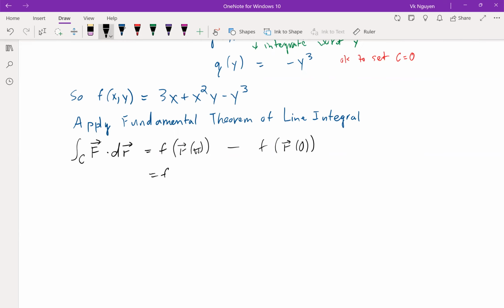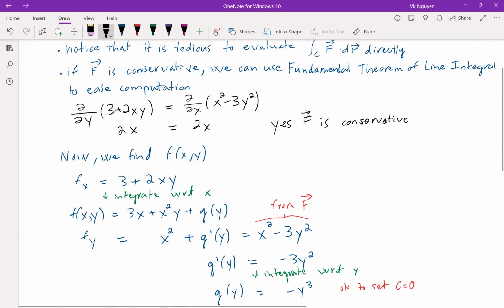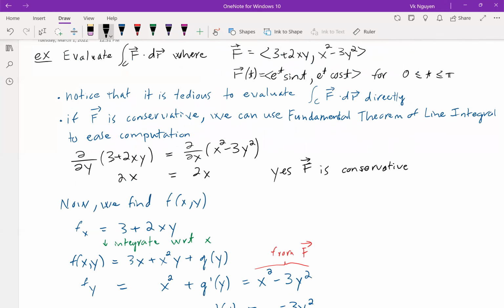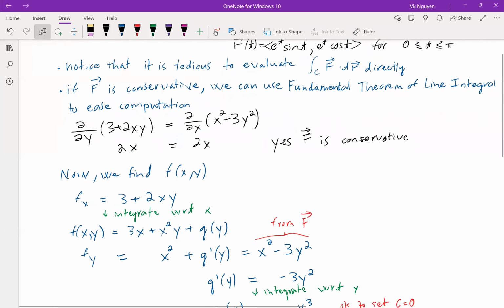So we have f of the endpoint at pi. Okay, oh man, should have done this before. I plug it in here: e to the pi sine pi, e to the pi cosine pi.